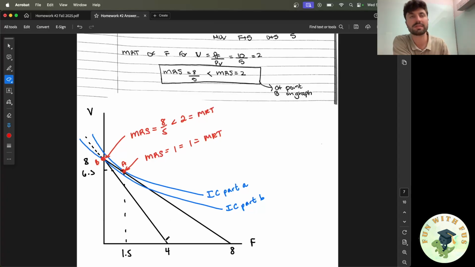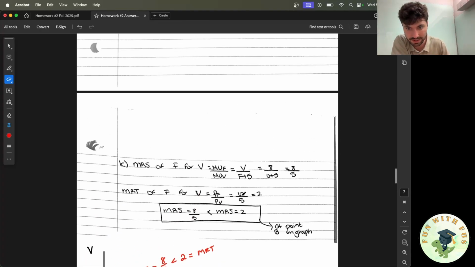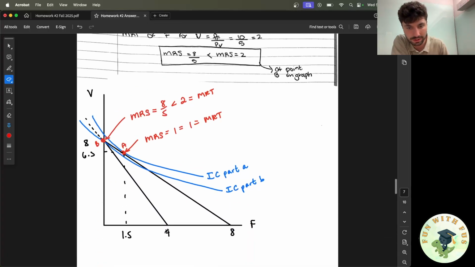Since our MRT got steeper because it went from $5 to $10, our MRT went from 1 to 2, then I can afford less fruit. Before when fruit was $5, I could afford 8 of them, and now I can only afford 4 of them because now they're $10. And this intercept does not change because vegetables, they're chilling.